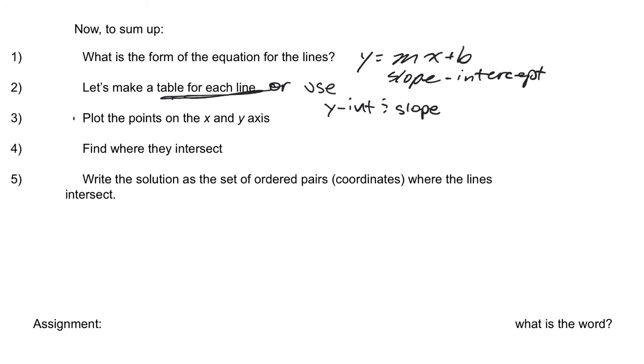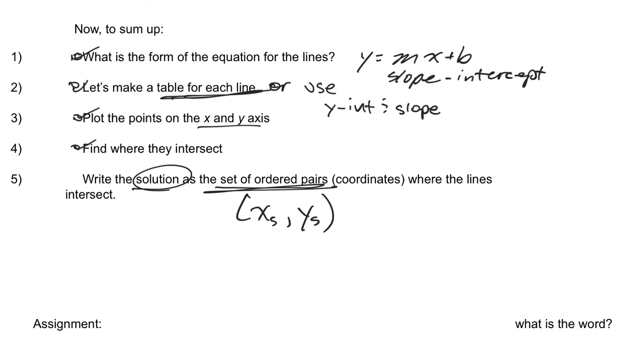Then we plot our points on the x and y-axis, or our xy plane. We find where they intersect, and then we write the solution as an ordered pair. So we have our x-coordinate for the solution and our y-coordinate for the solution. This is the point where those lines intersect.